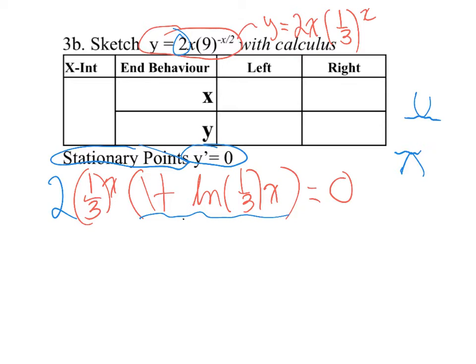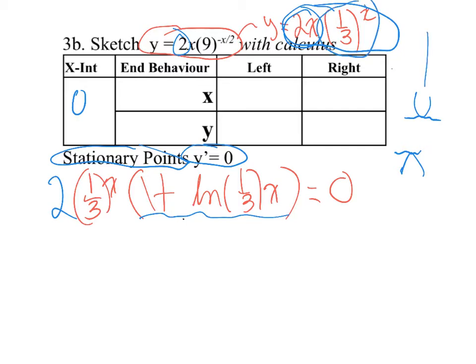Okay, so if we look at this equation right here, what's your x-intercept? Is there any value of x that will make 2x worth 0? Well, yeah, x equals 0. And so that's going to be 0, 0. And then, because 1/3 to the x, is that ever 0?